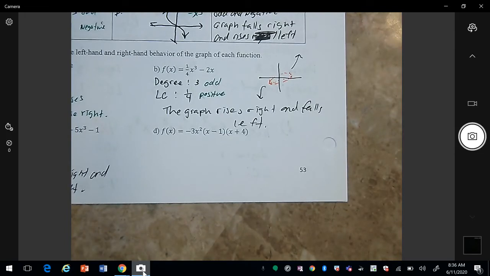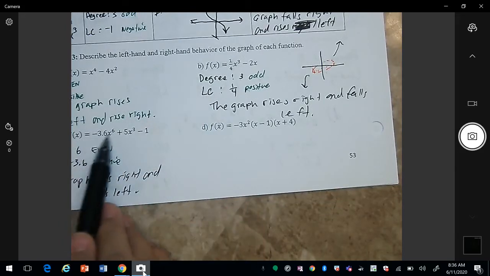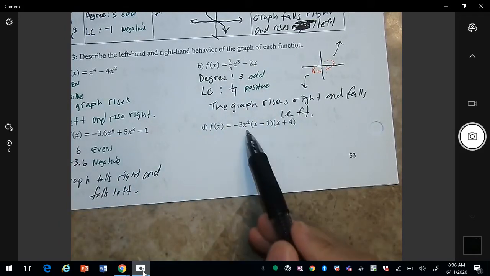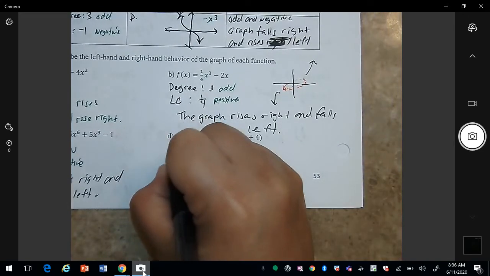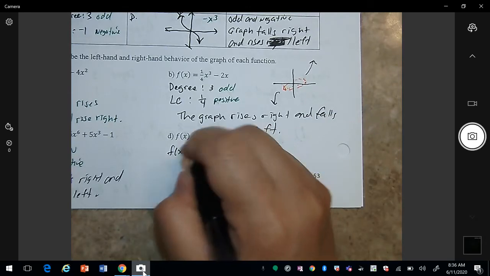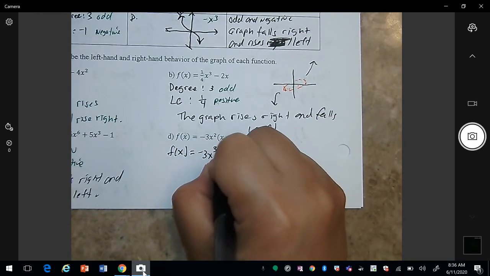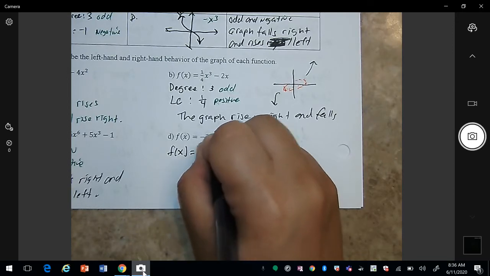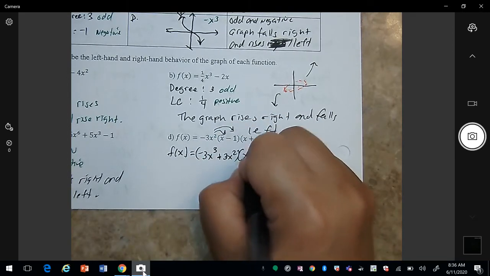So here we have to be careful. Notice that all the other problems, these were already multiplied out. But here we have parentheses. So you want to make sure that your polynomial is multiplied out. So negative 3x squared times x is negative 3x cubed. My positive 3x squared. So we're distributing this. And this is times x plus 4.